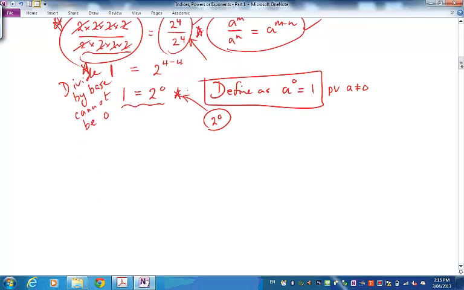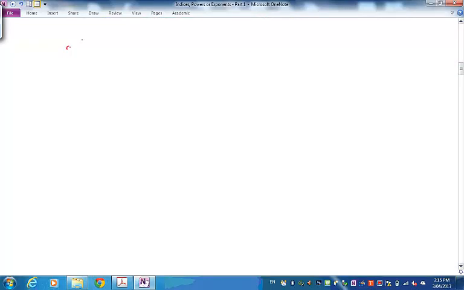Let's do another one, coming from the same rule now. Let's say I've got 2 cubed and I'm dividing by, let's say, 2 to the 4th. This is 2 cubed over 2 to the 4th.